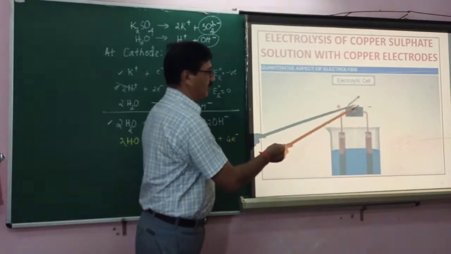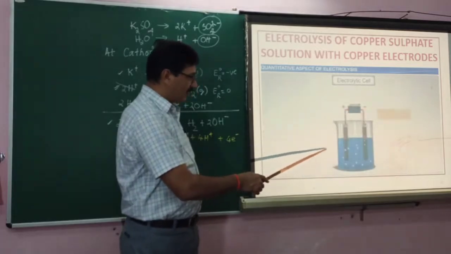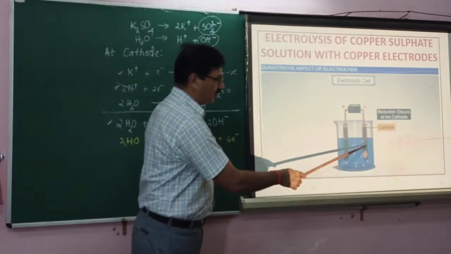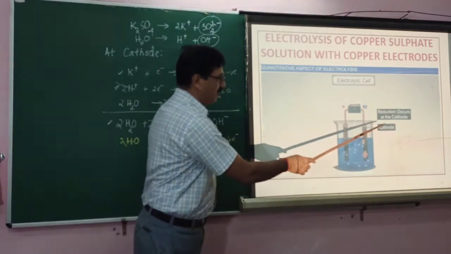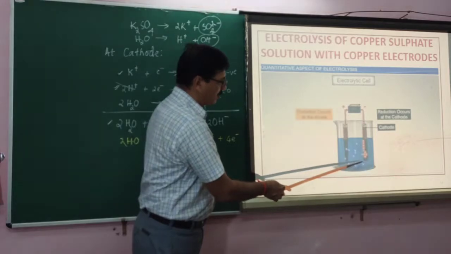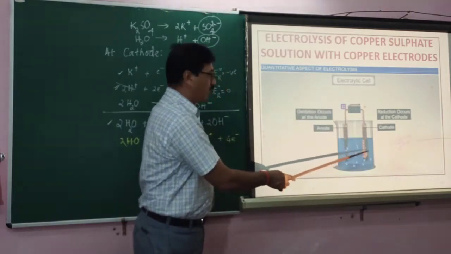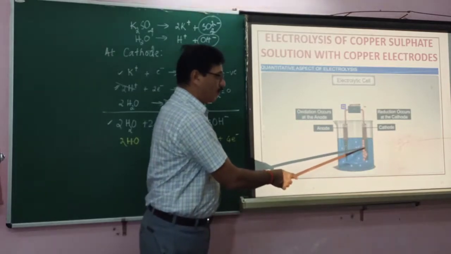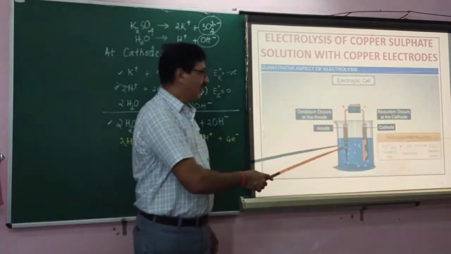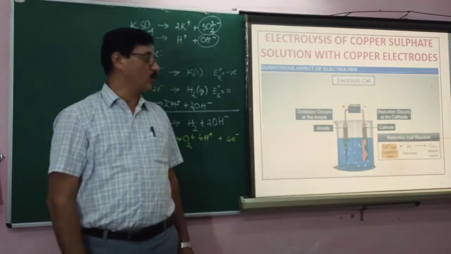When the DC source is connected, electrons are given to the electrode which is called the cathode. So this is negative polarity, so the cations will move there and get deposited. Copper gets deposited over here, whereas at this electrode, the anode, copper undergoes oxidation.